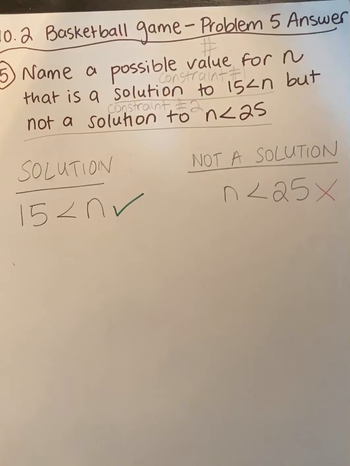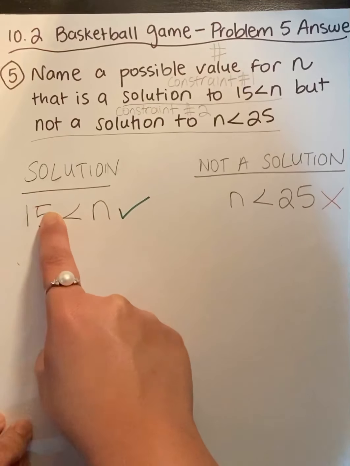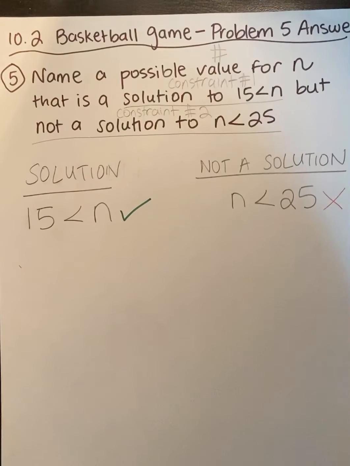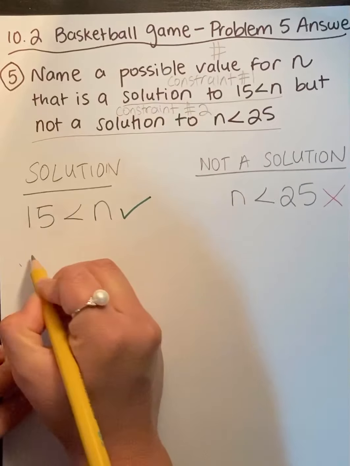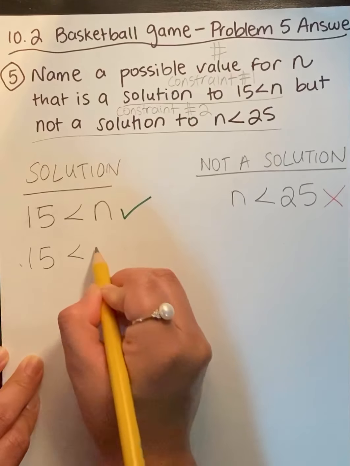So let's go ahead and think of a number. What is a number that is greater than 15? Like 20. So let's say instead of writing n, I write 20.